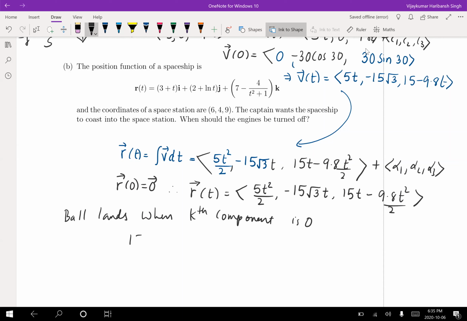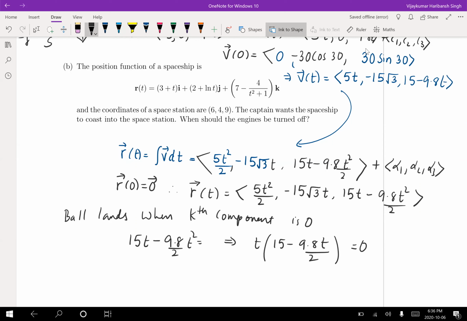That means 15t minus 9.8 by 2 t squared equals 0. So I need to take t common. So the ball lands when t times (15 minus 9.8 t by 2) equals 0.